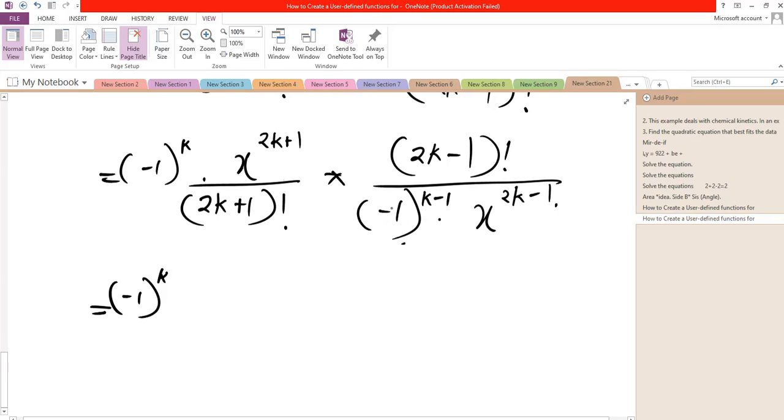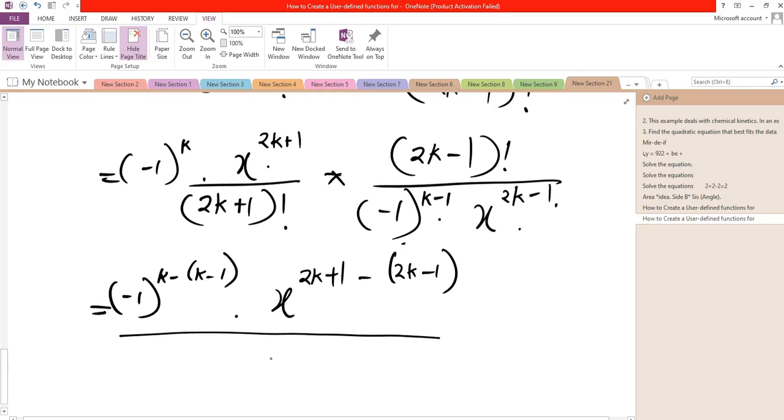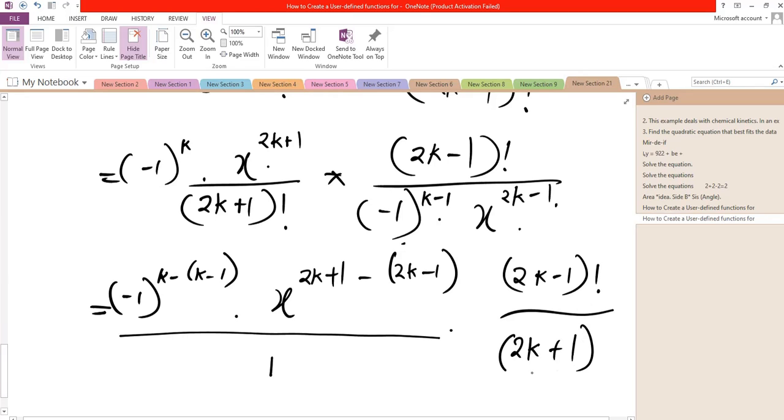Now bringing these like terms together using the law of indexes, this should be minus 1 raised to k minus k plus 1, times the like terms with x, x raised to power 2k minus 1 divided by 2k plus 1, times 2k minus 1 factorial divided by 2k plus 1 factorial.